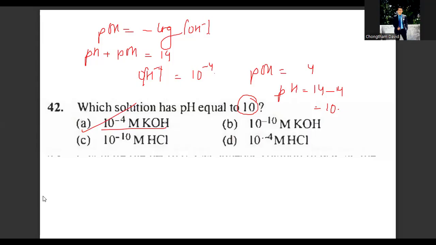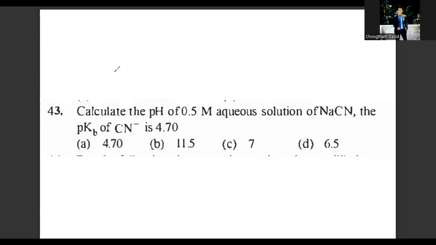This is clear. Let us calculate question 43. Calculate the pH of 0.5 molar aqueous solution of sodium cyanide. The dissociation constant of base of cyanide is 4.70. Sodium cyanide is a salt of strong base and weak acid.